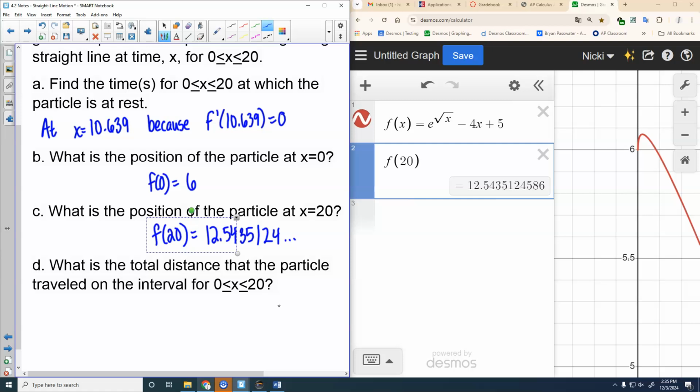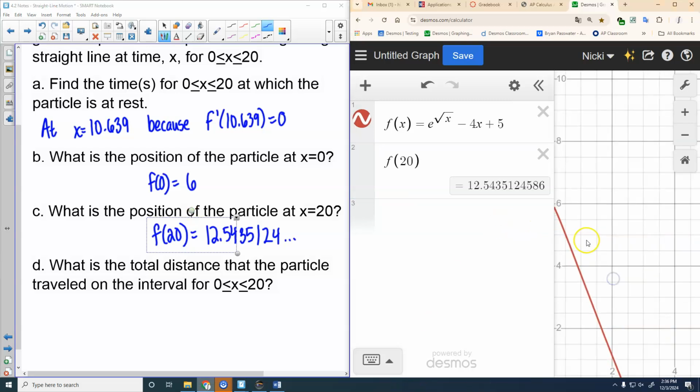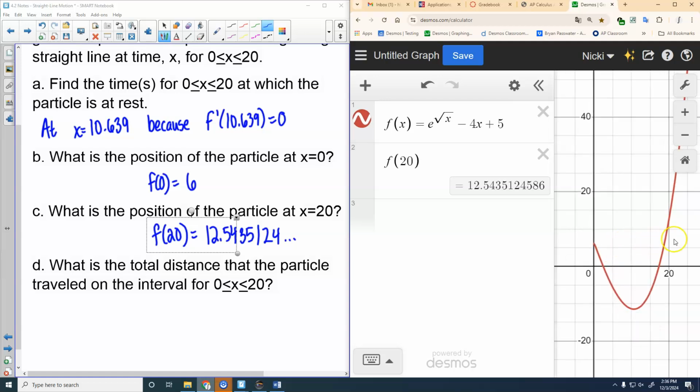D says, what is the total distance that the particle traveled on the interval from 0 to 20? What should we do? Just look right over here where x equals 20, which is f of 20.